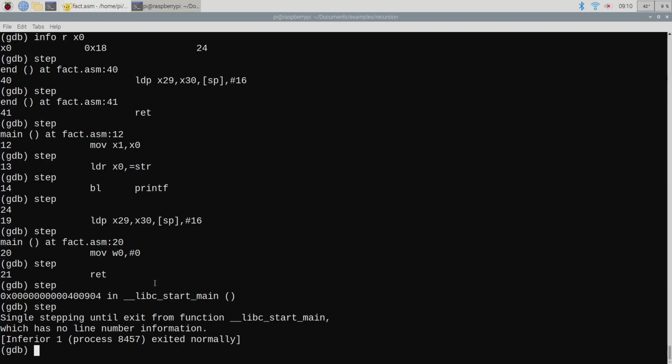And then when you come back, you're also going to have to somehow put n minus 2 in x0 and branch and link this one to fib. And you're going to have to store the answer to the stack here and store it to the right. And so you're going to have a little bit more stack management to worry about, because you're going to have multiple partial answers that you've got to keep track of. So it'll be a little different than the factorial, but it's still starting similarly.